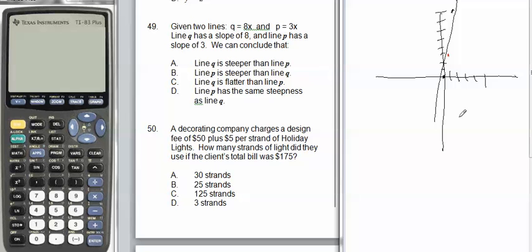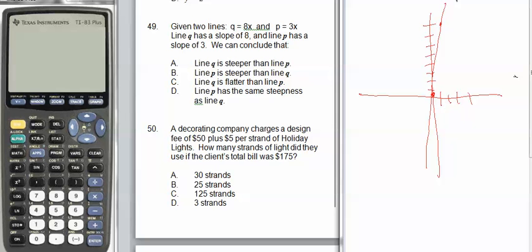I actually need to draw that a little bit better. Hold on. Alright, so here, this one started at 0, 0 and went up 8 over 1. Then the second one is going to start at 0, 0 and go up 3 over 1. So that line is going to look more like that.